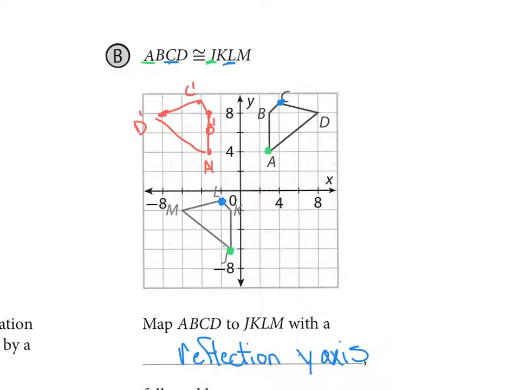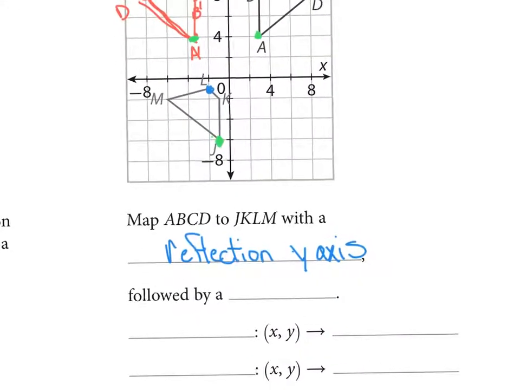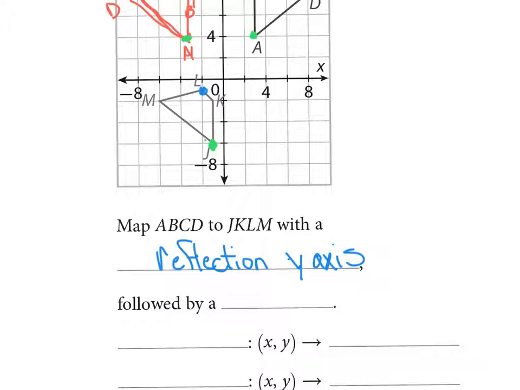Now, A is here and it's going down here, right? And so that's just sliding it down. That would just be a translation. And so that second part would be followed by a translation.